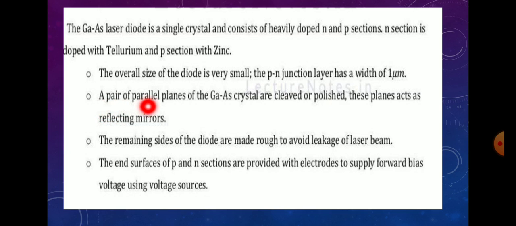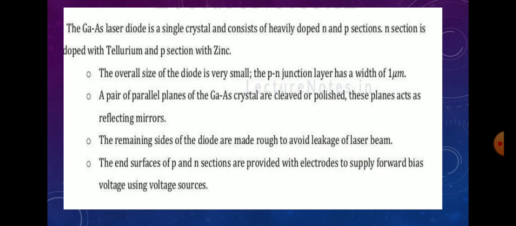A pair of parallel planes of the gallium arsenide crystal are polished and act as reflecting mirrors. One is partially reflecting, another is fully reflecting. The remaining sides of the diode are made rough to avoid leakage of the laser.